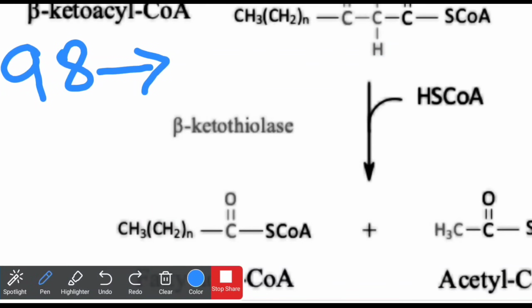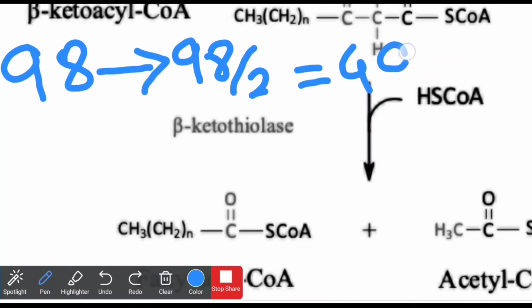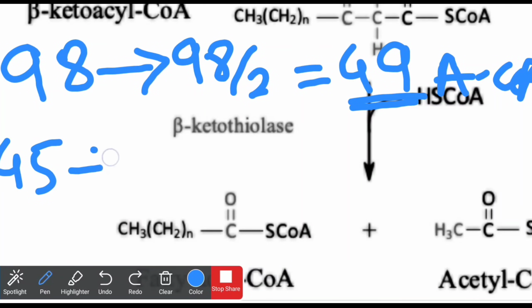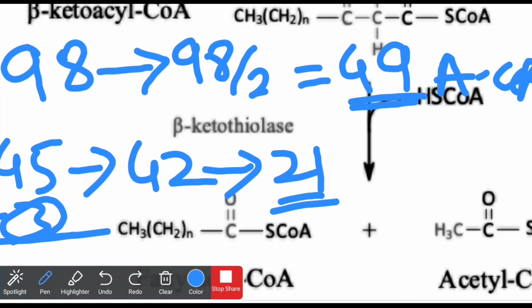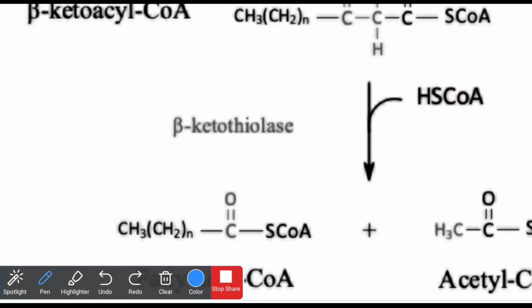You just need to divide by 2, and you get 49 acetyl coenzyme A. And if you have a 45 carbon chain in the fatty acid, just remove 3 from it, so it will be 42, and 42 divided by 2 gives 21. This 3 will form the propionyl coenzyme A.